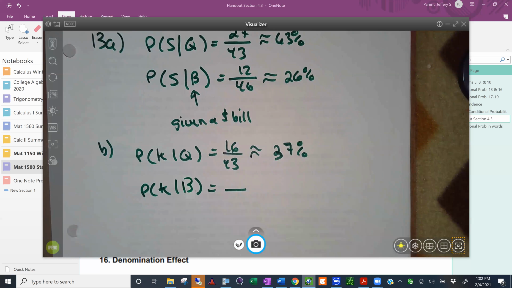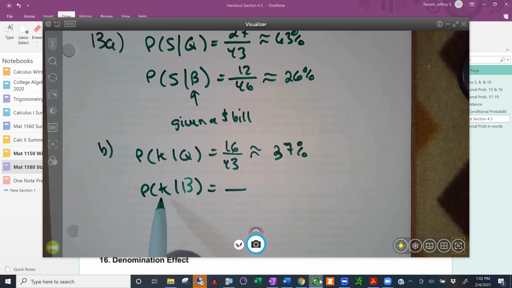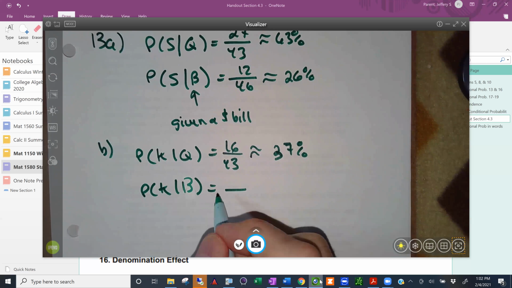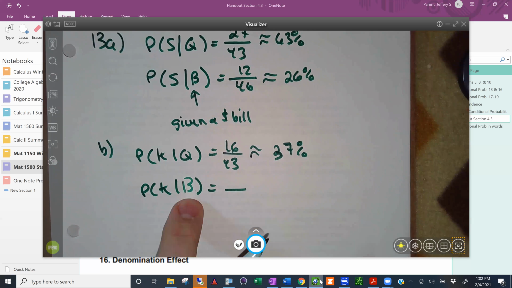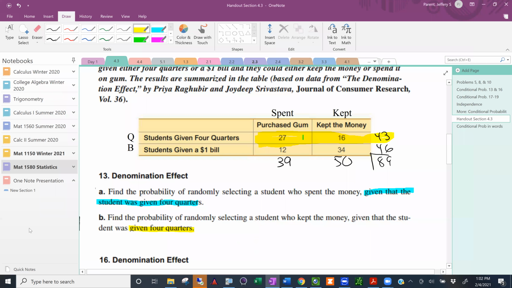Probably K given B. Probability that someone kept the money given dollar bills. Yeah. So they got the dollar bills and they kept the money. Thanks, Sam. See if we can figure out what that probability is.